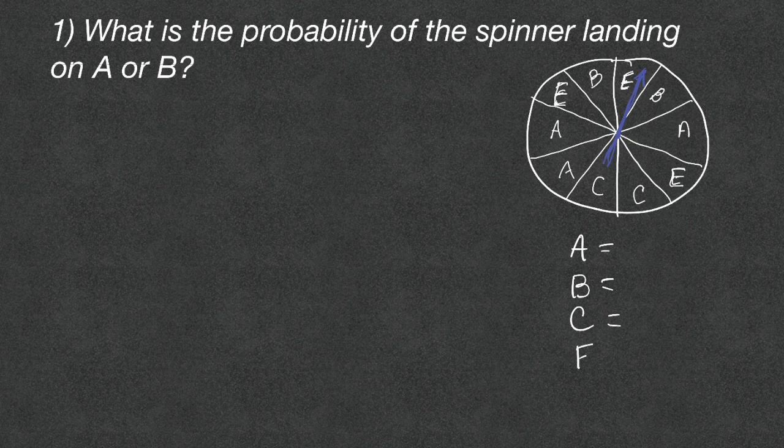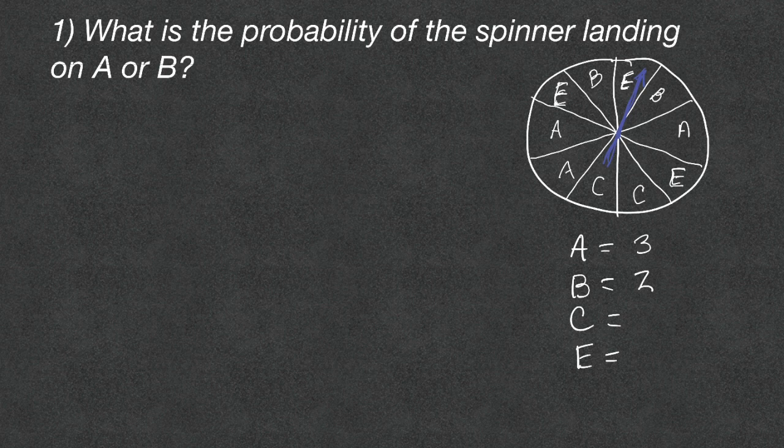For some reason, and this is from the worksheet, probability using a spinner, number 1, and they do not have any D's on there. Okay. So, how many A's do we have? Let's see, 1, 2, 3. How many B's do we have? There's 1, 2. Just the 2 B's. And how many C's?